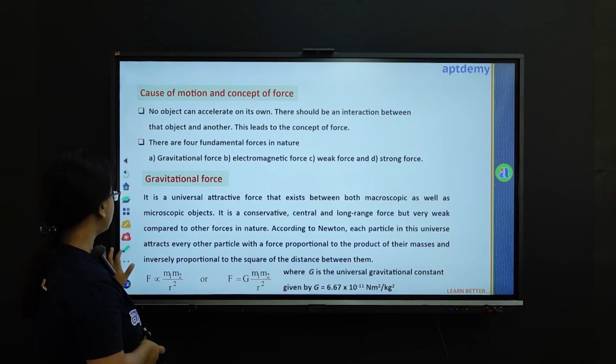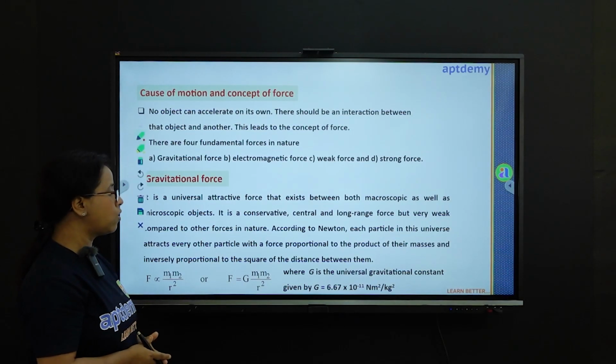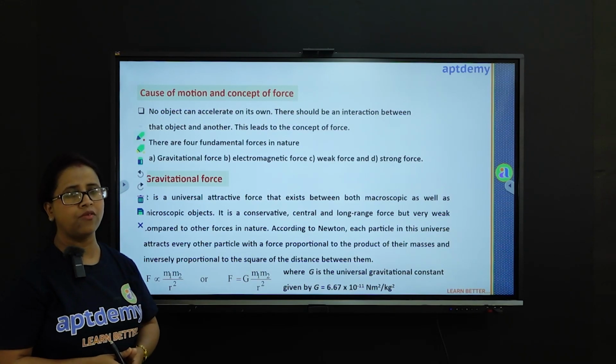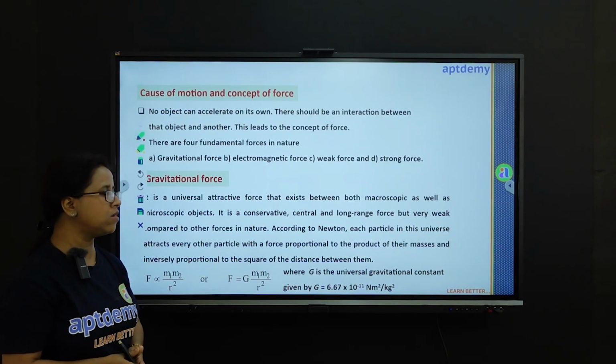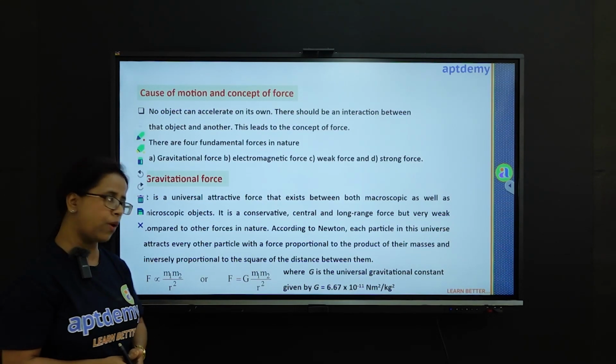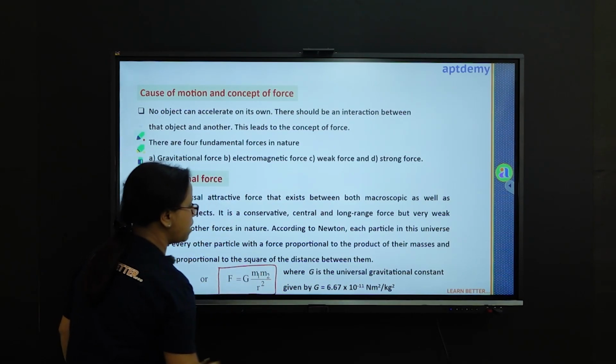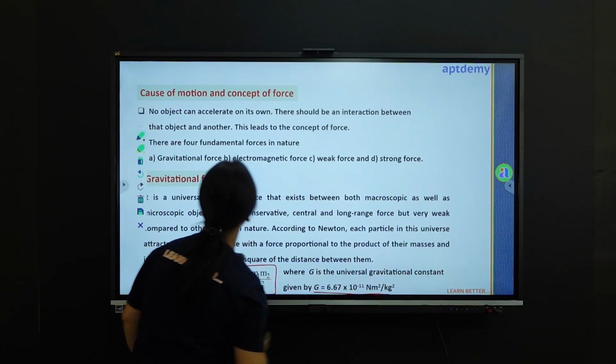Here G is the universal gravitational constant whose value is 6.67 times 10 to the power minus 11 newton meter squared per kilogram squared. So a very important constant indeed.